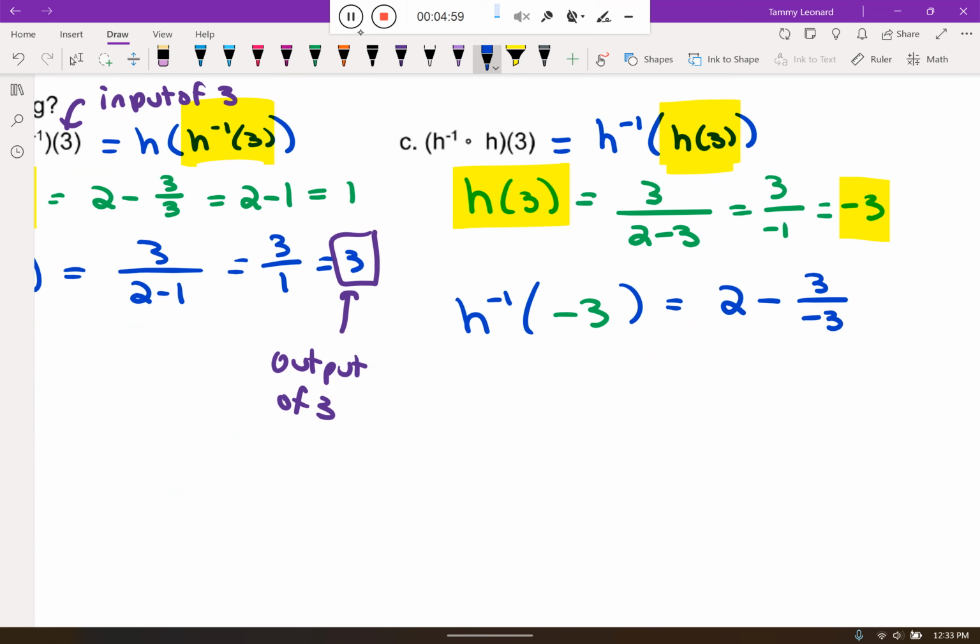Well, a negative and a negative make a positive. So this is 2 plus 3 divided by 3 is 1, or 3. Notice it happened again. Our input was 3 and our output was 3.